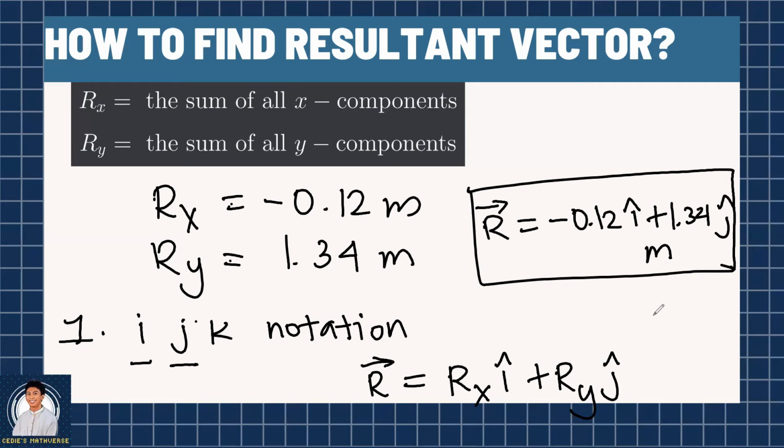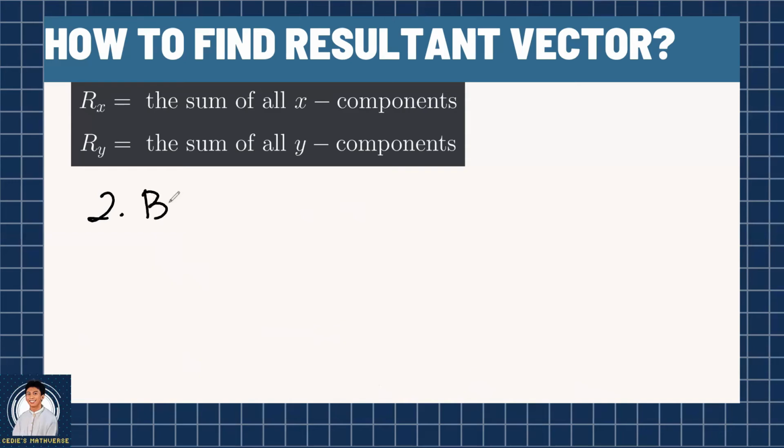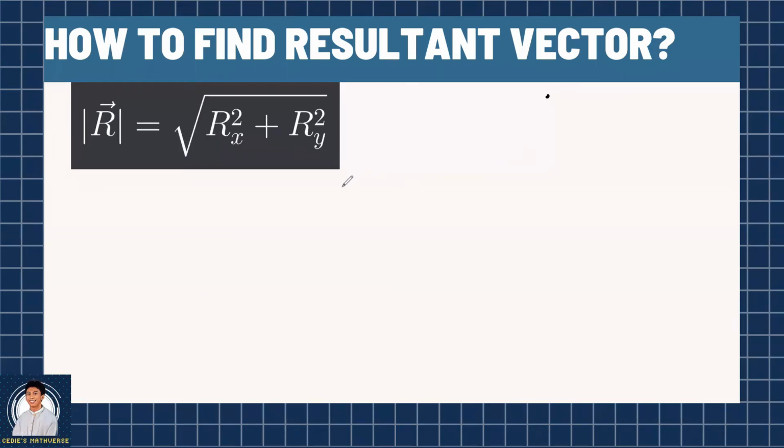However, if we want to be specific about the distance or the measurement and the direction, we will use the other form, the bearing form. Number 2, bearing form. In getting the other form, first we will find the magnitude of the resultant vector.